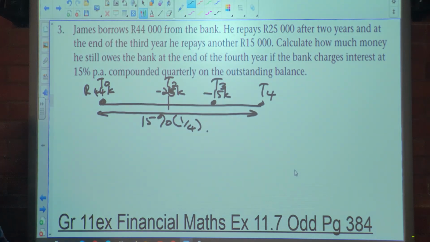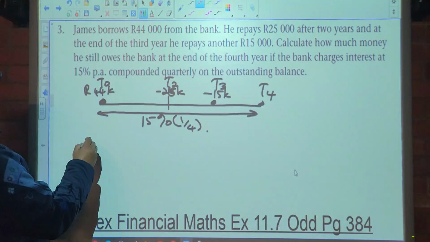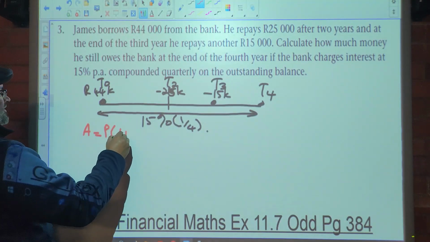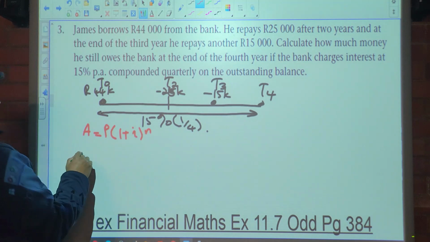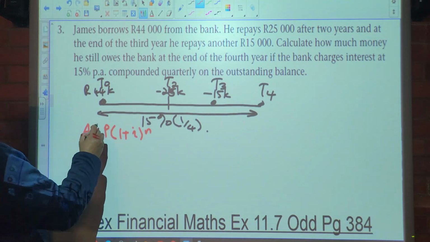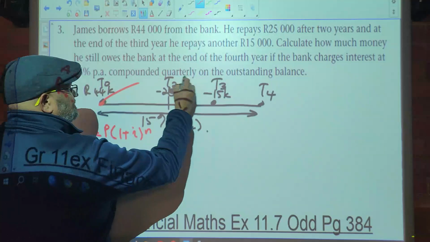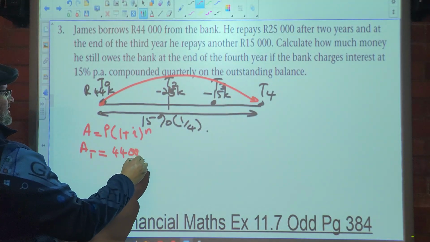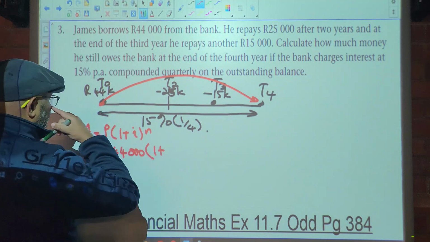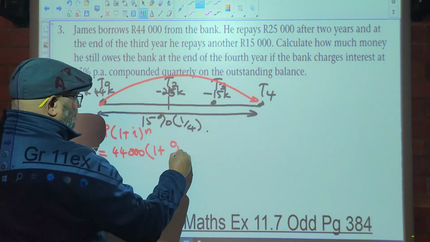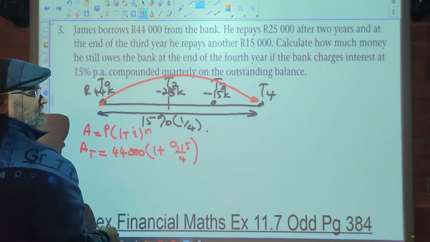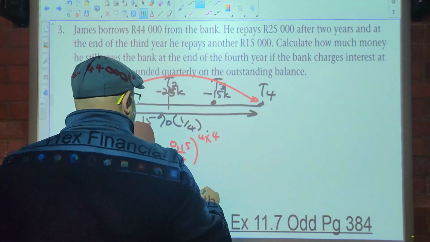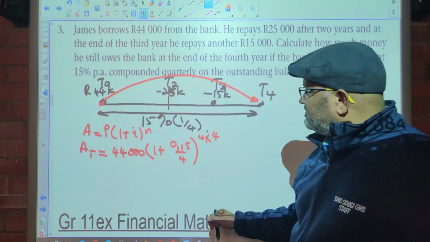So what happens here? Where do we start? Formula. A is equal to P into 1 plus i to the n. So A total. Can I go all the way to the end? Yes. So what do I get? 44,000 rand into 1 plus what? 0.15 over 4 to the exponent 4 times 4 years. Then what happens?